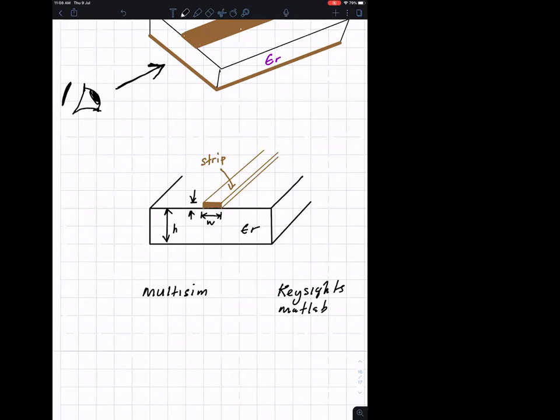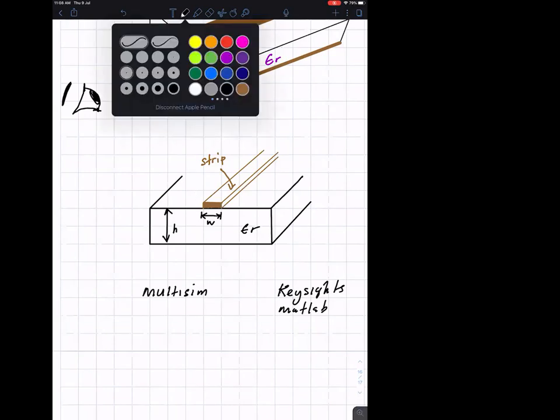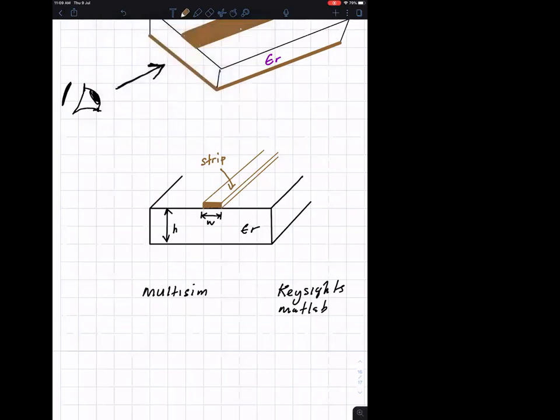Thickness is T. Sorry, I apologize, not substrate.